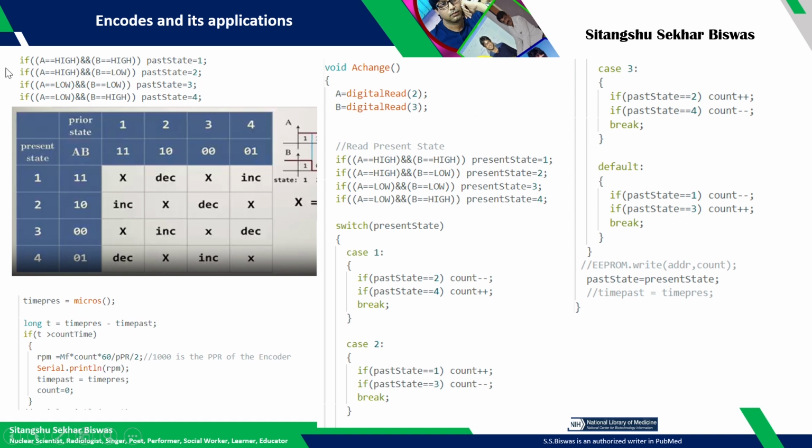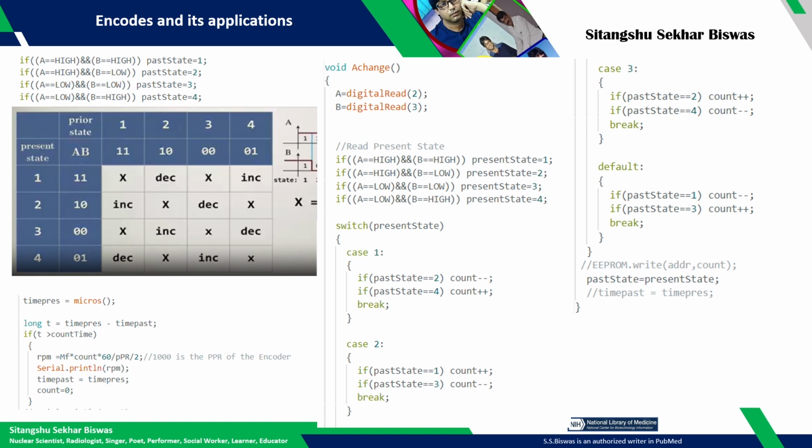After that, I'm going to explain the code. Before explaining the code, I want to say that the encoder has two outputs, A and B. The A and B should be connected to the interrupt pins of the Arduino, or the microcontroller you're using.